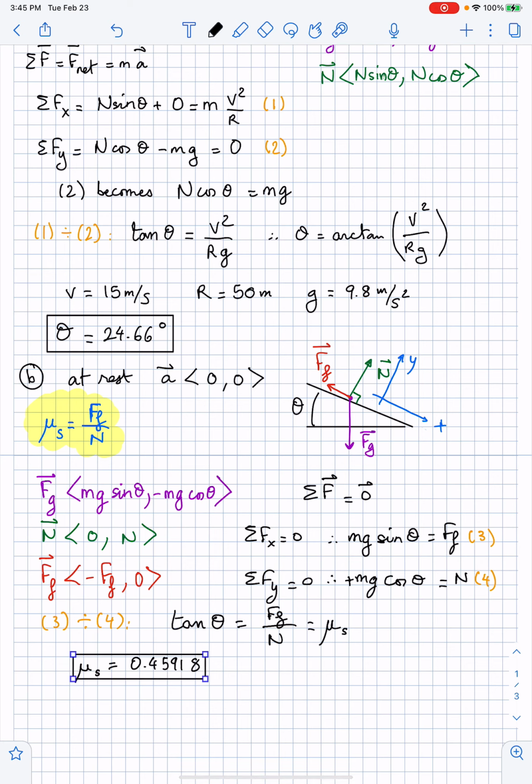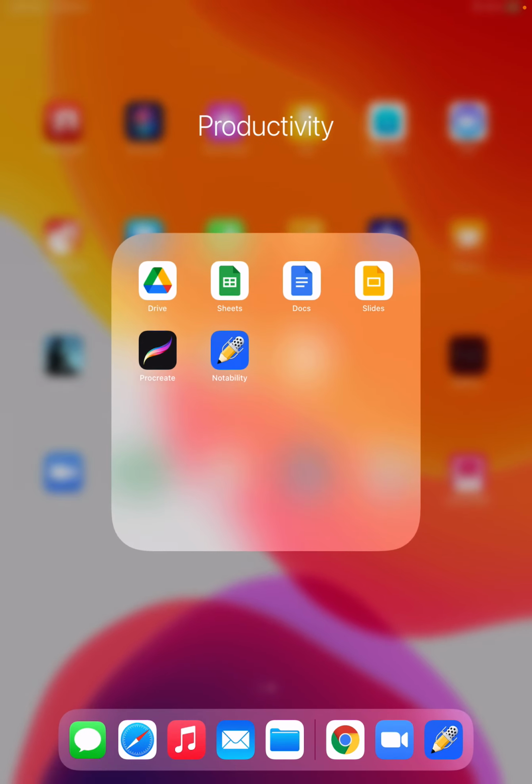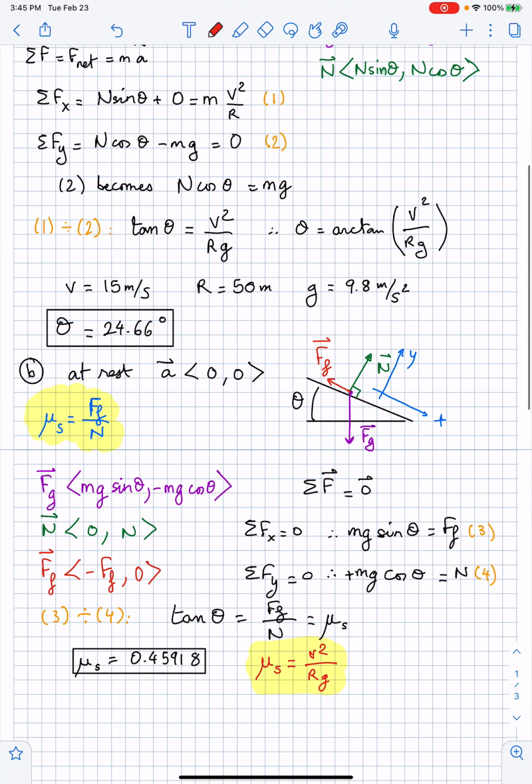I know that the problem didn't ask for it, but essentially, if you want to express the static coefficient of friction in relation to the velocity at which there is no friction, the radius, and gravity, it's just going to be equal to v squared over rg. I don't know if it's interesting to anybody to see that, but here you go.